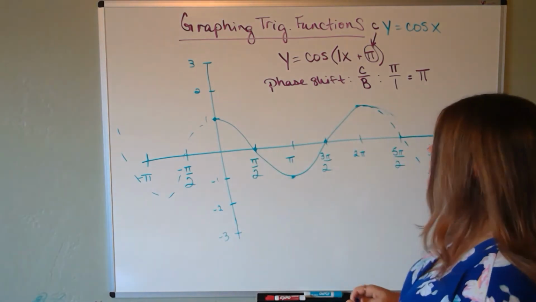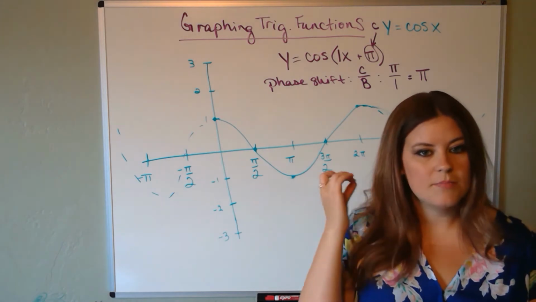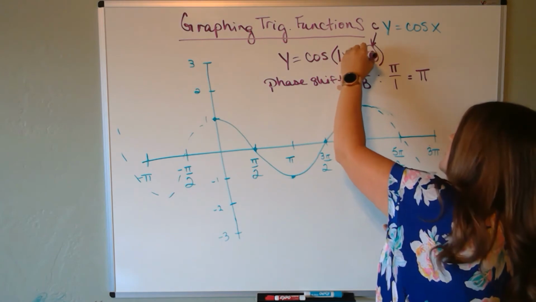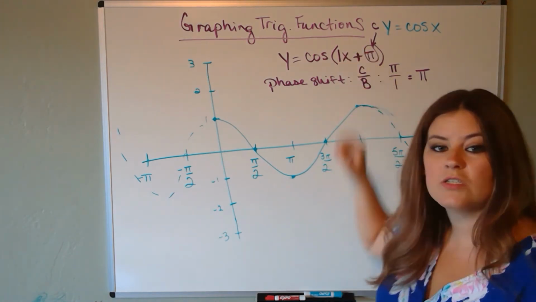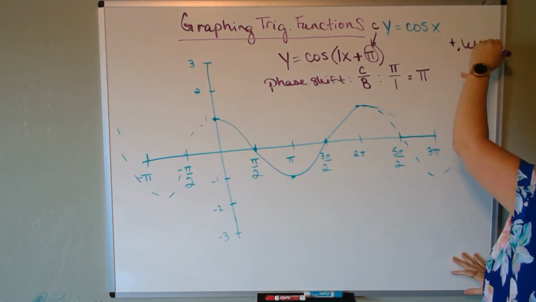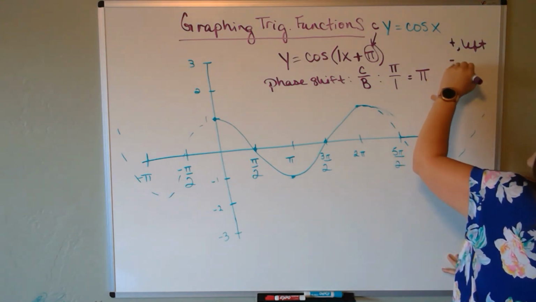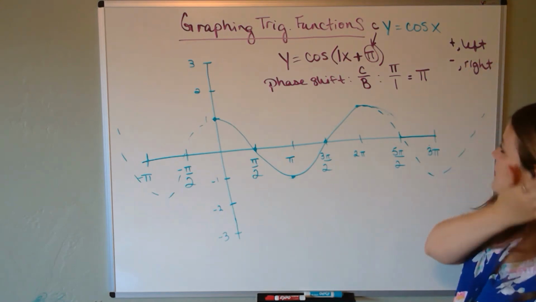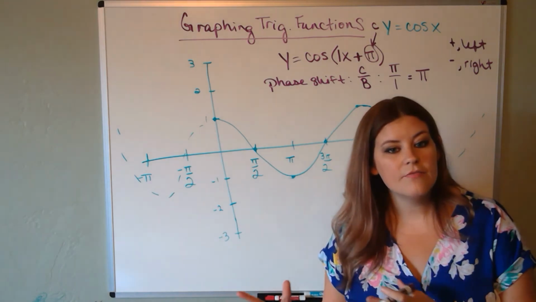You guys, when we are shifting horizontally, I have to think about this inverted. It's a backwards thing. If I have a plus here, this plus indicates that my shift is actually to the left. When I have a minus in that spot, I'm shifting to the right. In ALEKS, when you're answering these questions, remember it's not going to say left or right.